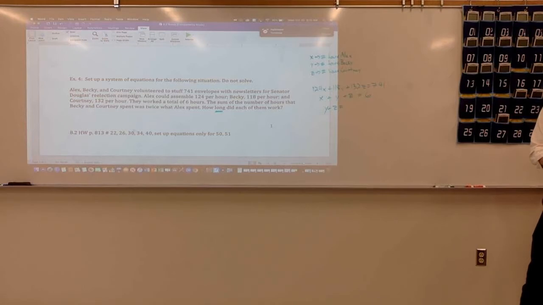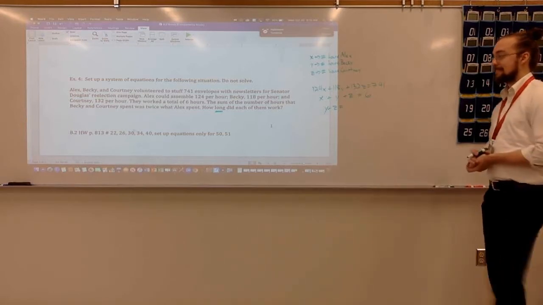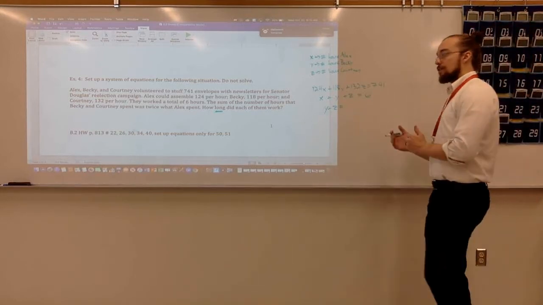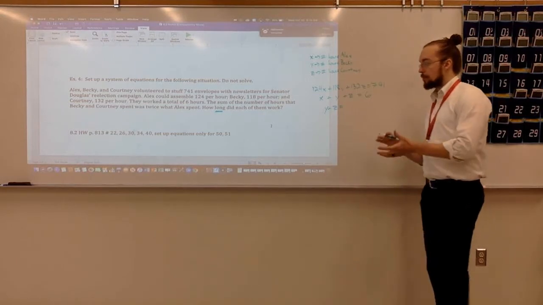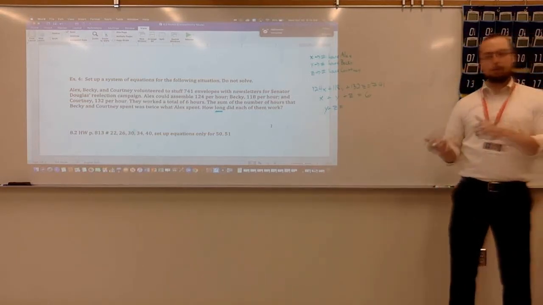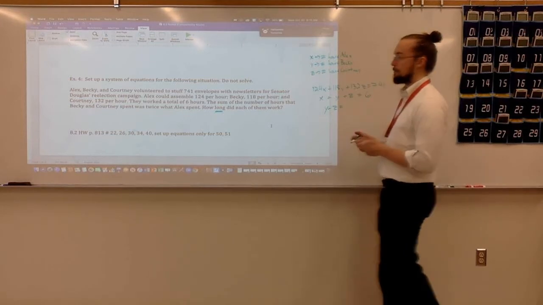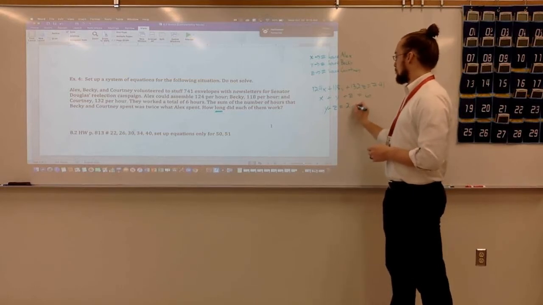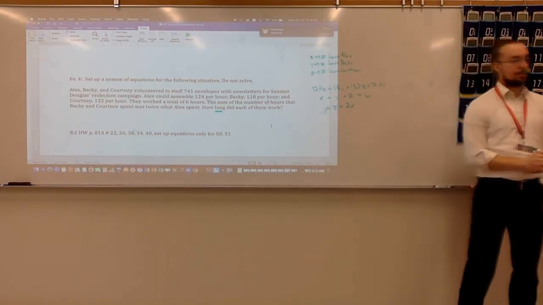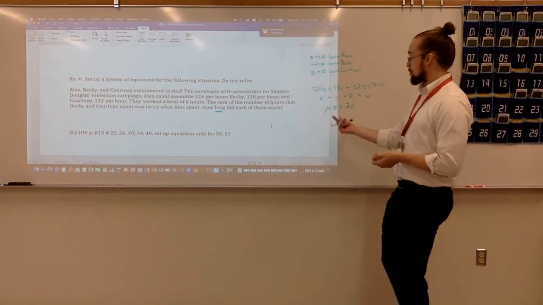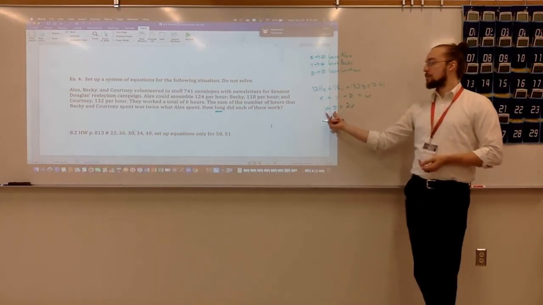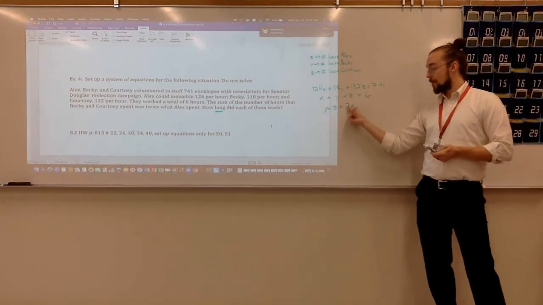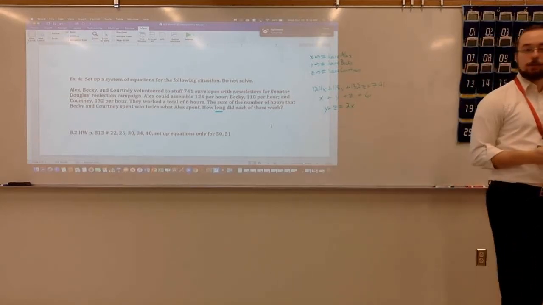Can you put like x plus 2x equals 6 or something like that? Well, I think this last one is just going to have x's, y's, and z's. I don't think we're going to use the total number here. So yeah, I think we can say y plus z equals 2x. Okay. So the sum of the hours that Becky and Courtney spent was twice what Alex spent. So I would need to multiply the number of hours that Alex spent by 2 to get what Becky and Courtney work.